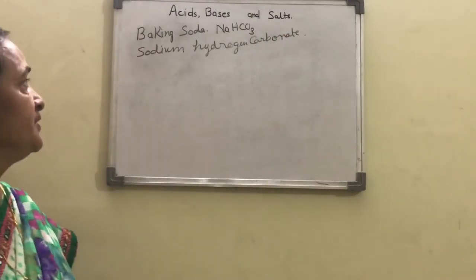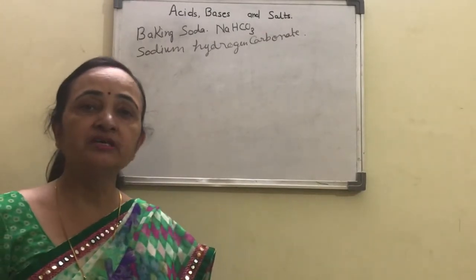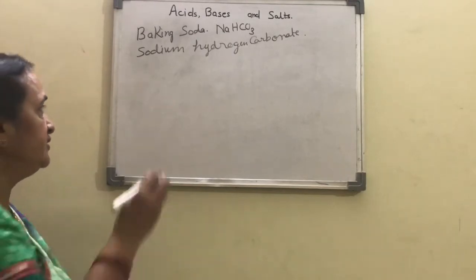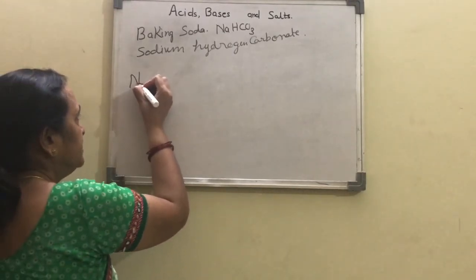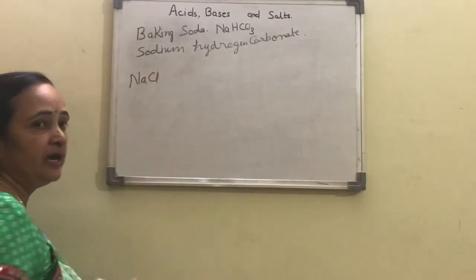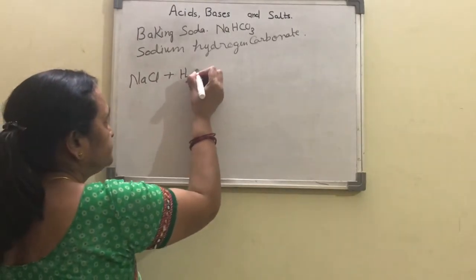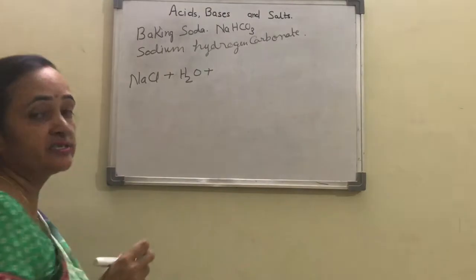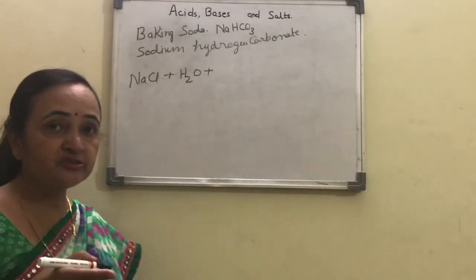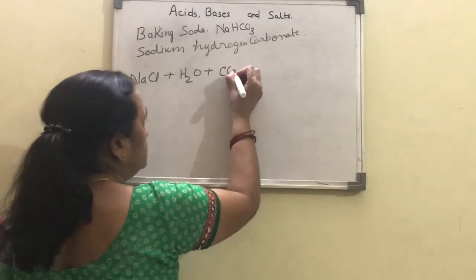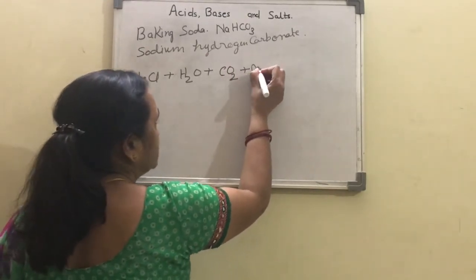Now, in the preparation of sodium hydrogen carbonate, we use sodium chloride. Four reactants are here. One is NaCl, sodium chloride. Another is water, H2O. Then carbon dioxide and ammonia are also used, that is CO2 and NH3.